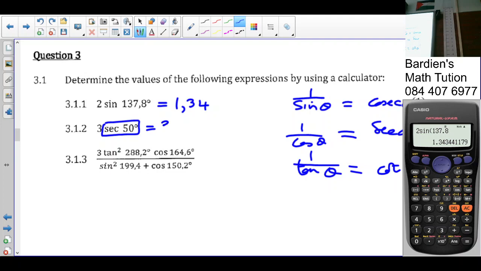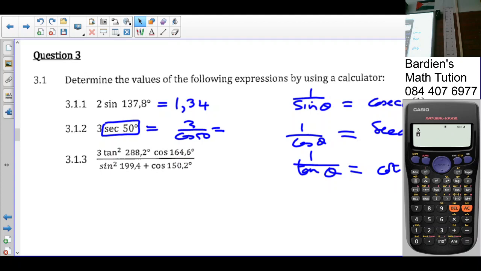So that would be 3 times 1 over cos 50, because sec is the reciprocal of cos. You can write it like that, or I could have written it as 3 over cos 50, which is the same thing. So it's 3 over cos 50 gives us an answer of 4,67.